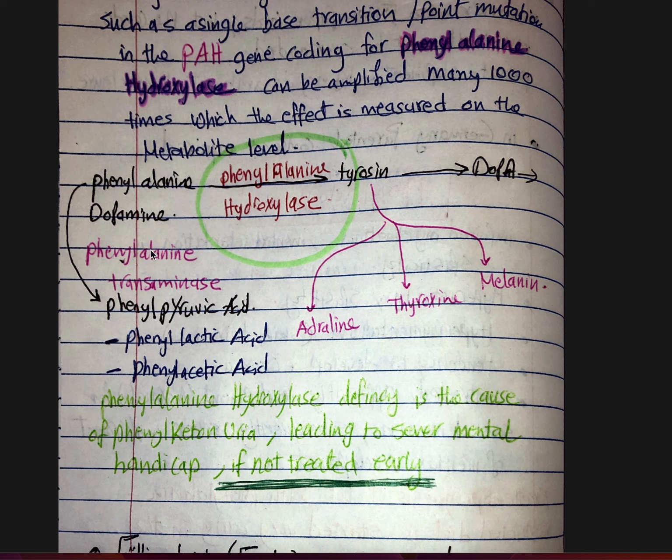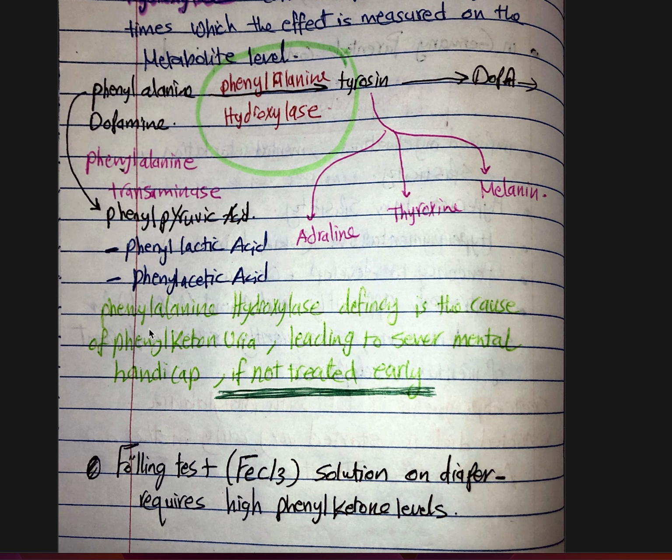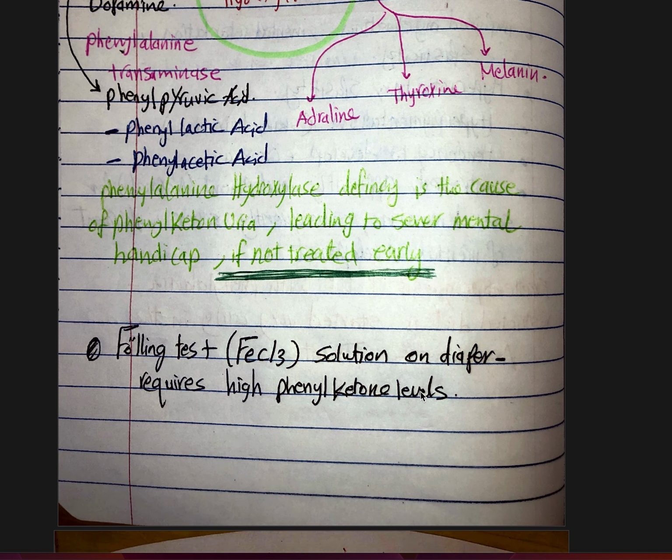So we have phenylalanine, phenylalanine hydroxylase, which leads to tyrosine and dopa and dopamine, and tyrosine to adrenaline, thyroxine, melanin, which are so important for all these conditions. So phenylalanine hydroxylase deficiency is the cause of phenylketonuria, leading to severe mental handicap if not treated early. That's what I am talking about.